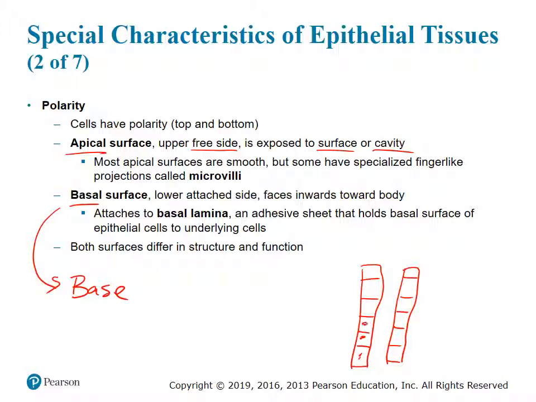And what I'm drawing here, let's say, is a row of cells. And this row of cells lines the esophagus, right? So if I am eating food, right, food goes down from my mouth, down the esophagus to my, let's say, stomach.